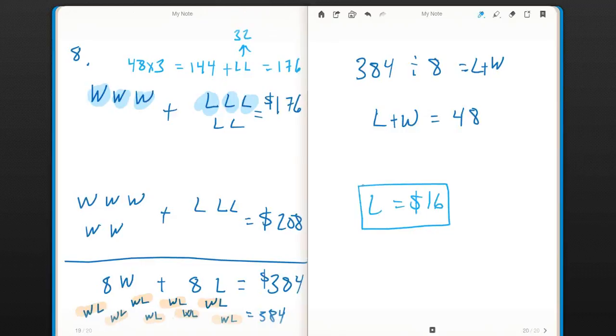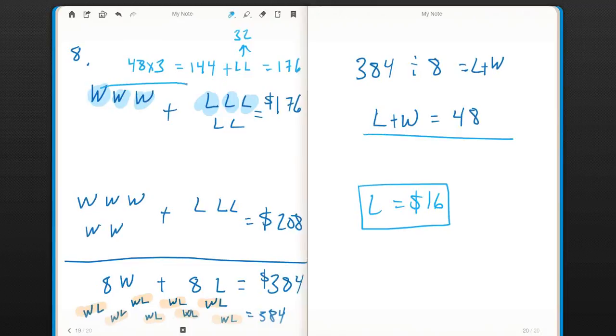A whole lot more logic than math in these problems. And it may be a struggle to really work through them, but look them through, practice them, try them. I think they'll begin to make sense. Every time we have a pair of lamps and watches, it's $48.